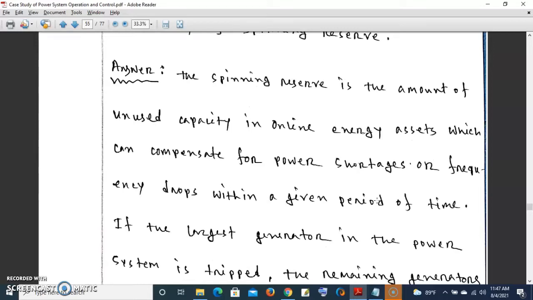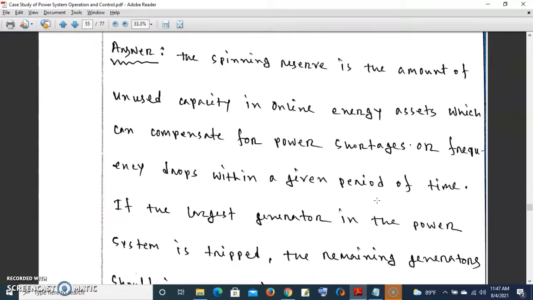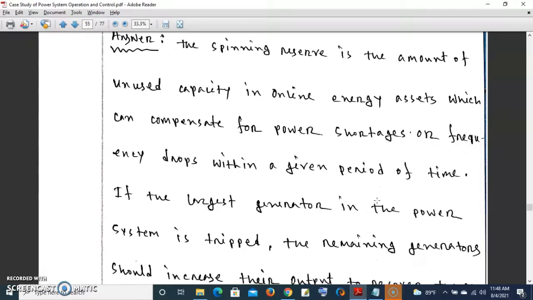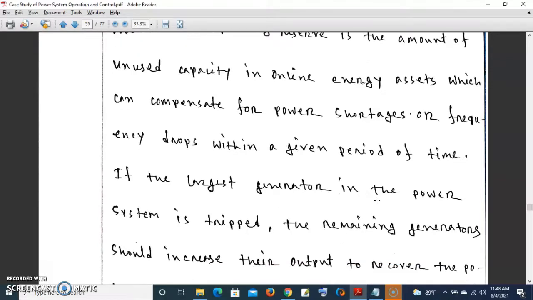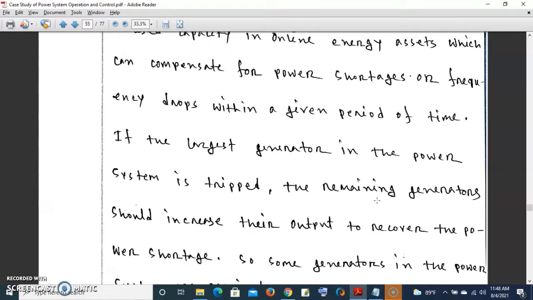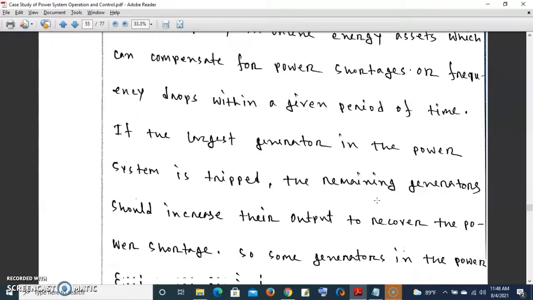The spinning reserve is the amount of unused capacity in online energy assets which can compensate for power shortage or frequency drops within a given period of time. If the largest generator in the power system is stripped, the remaining generators should increase their output to recover the power shortage.